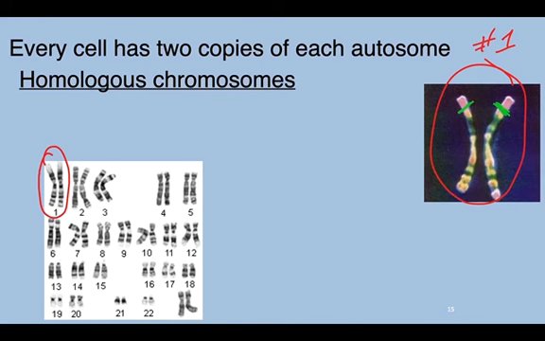So the version on the chromosome your mom donated is left-handed, on your dad's is right-handed. We'll get into which one takes over and which hand you end up writing with in the next chapter when we talk about genetics, but these are homologous chromosomes.